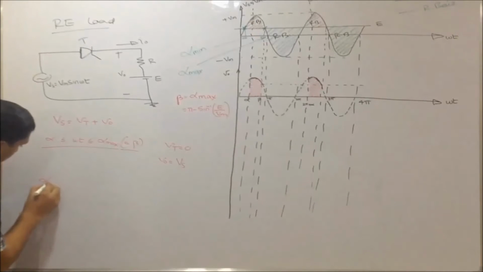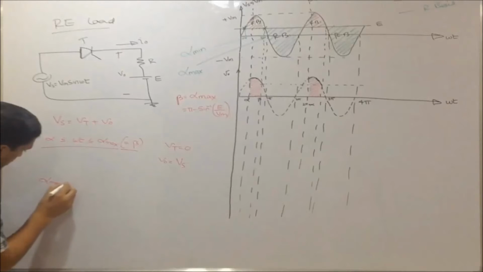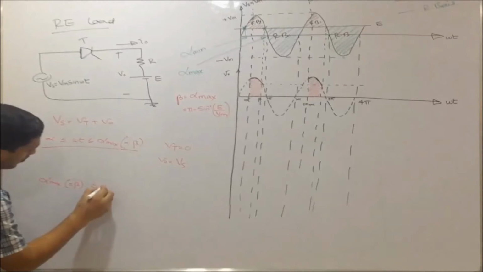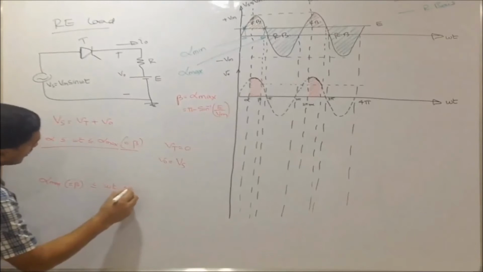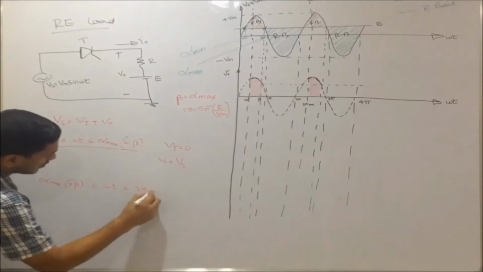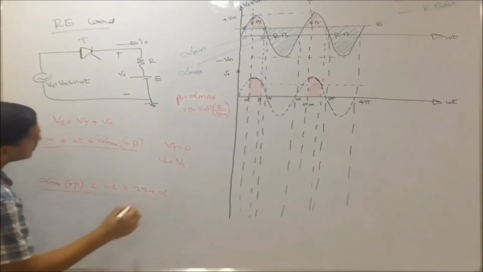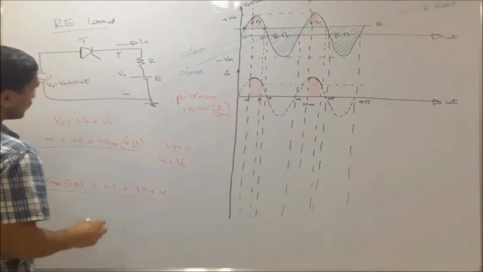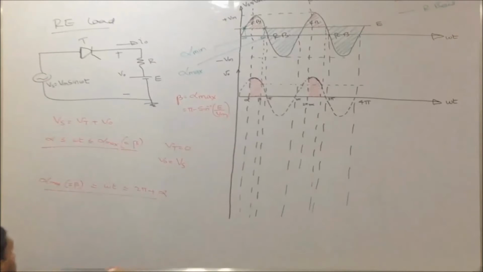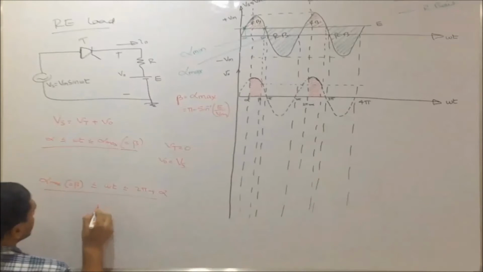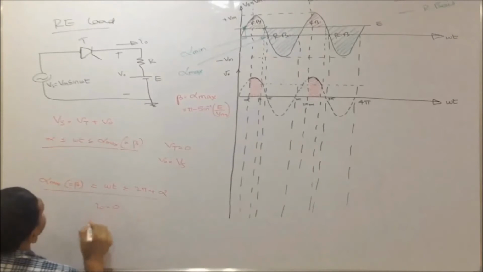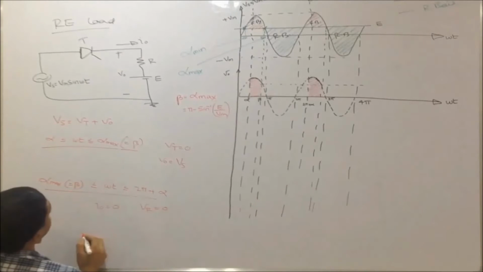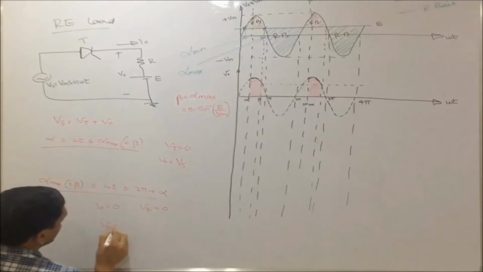When alpha max is equal to beta, alpha max is less than or equal to omega t less than or equal to 2 pi plus alpha, what happens? The SCR is off. So my I0 is 0. Voltage across the resistor is 0. So V0 equal to what?